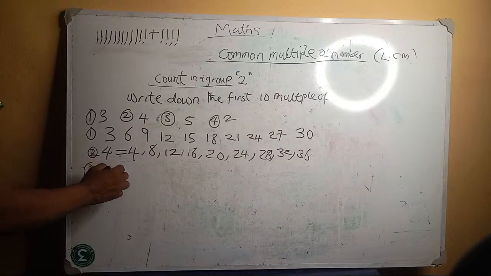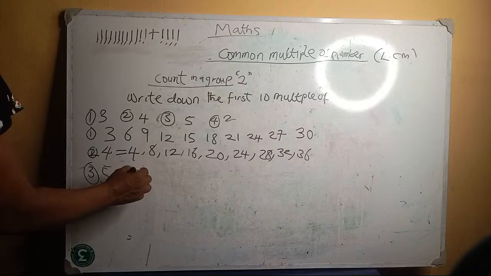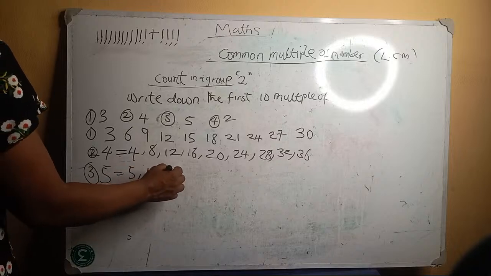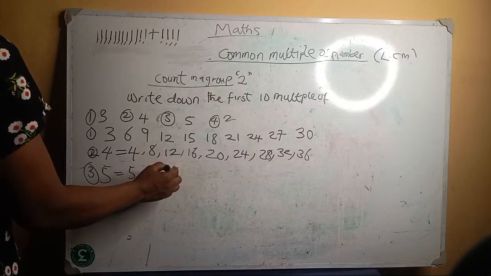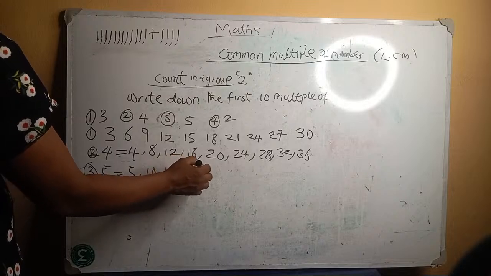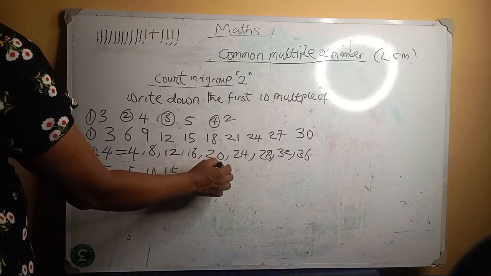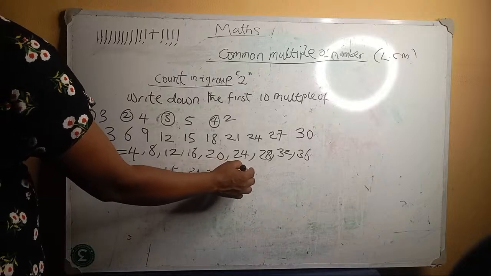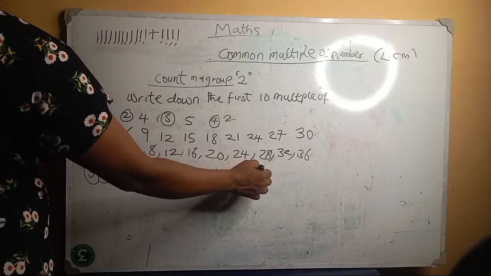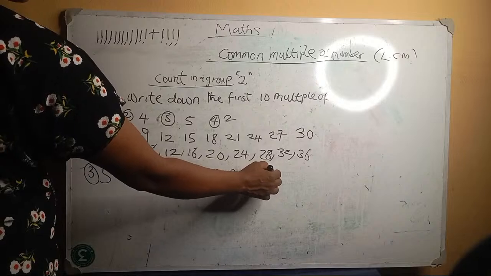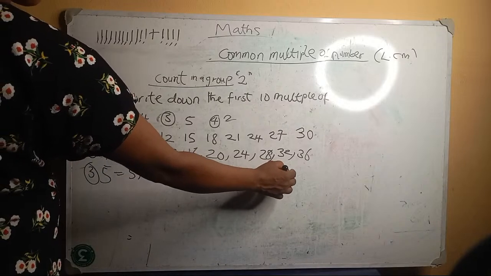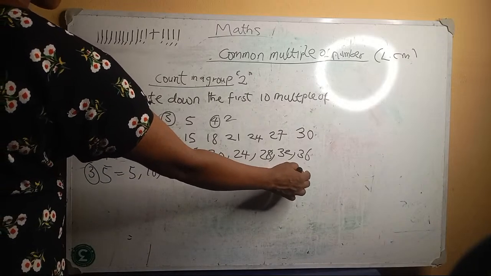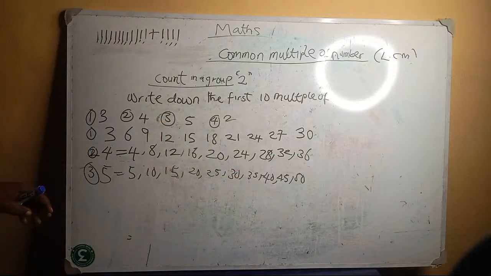The multiples of 5 are 5, 10, 15, 20, 25, 30, 35, 40, 45, 50. So that's how we are going to do the next one.